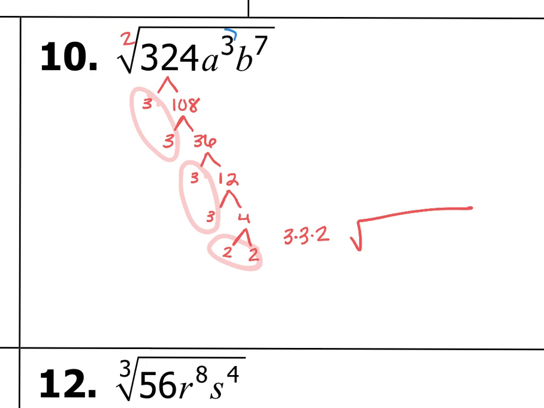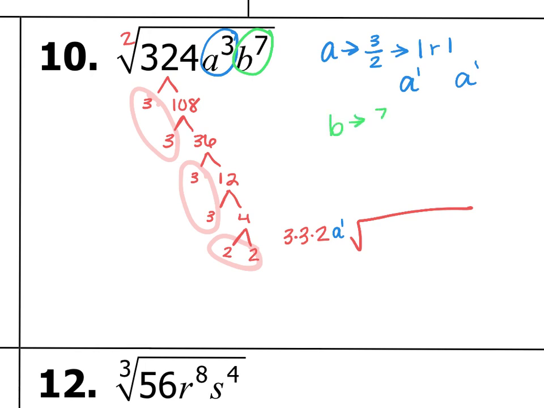And now it's time to deal with the variables. So for a, I'll have 3 over 2, which is 1 remainder 1. So I'll have a to the 1st on the outside and a to the 1st on the inside. Then I'm going to deal with b. So 7 divided by 2 is going to be 3 remainder 1.